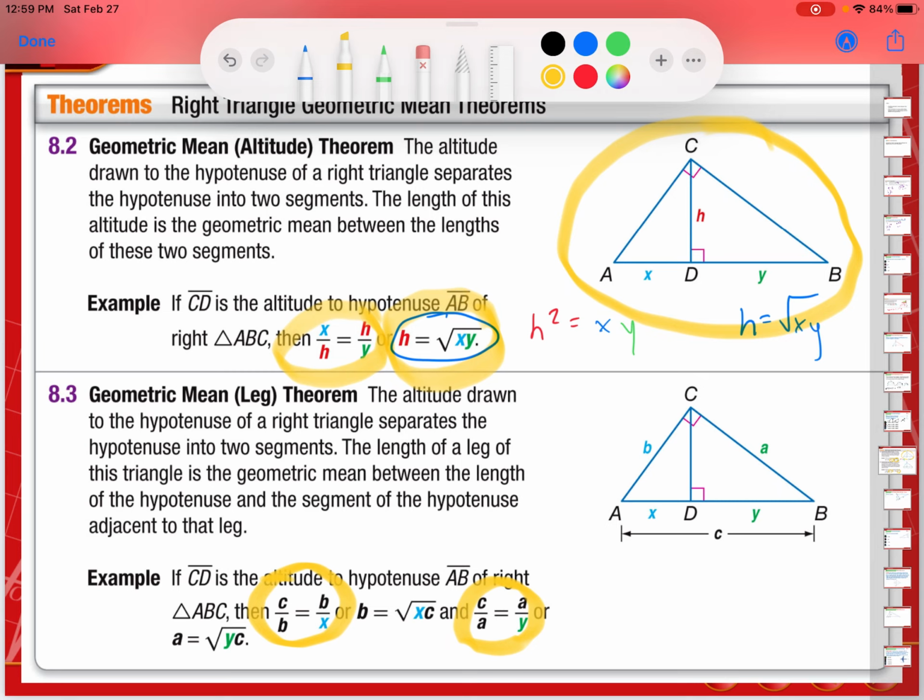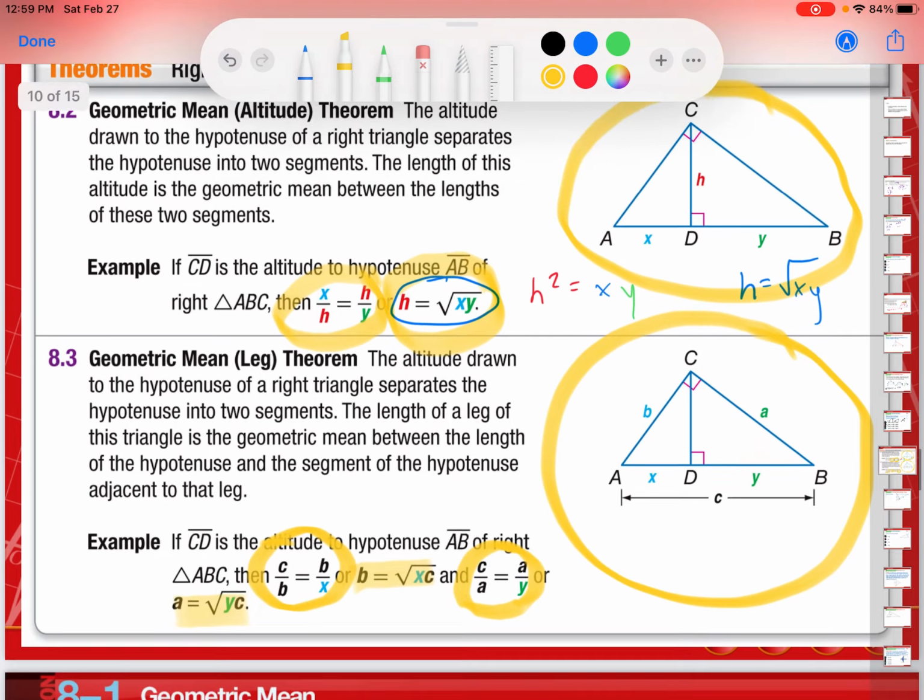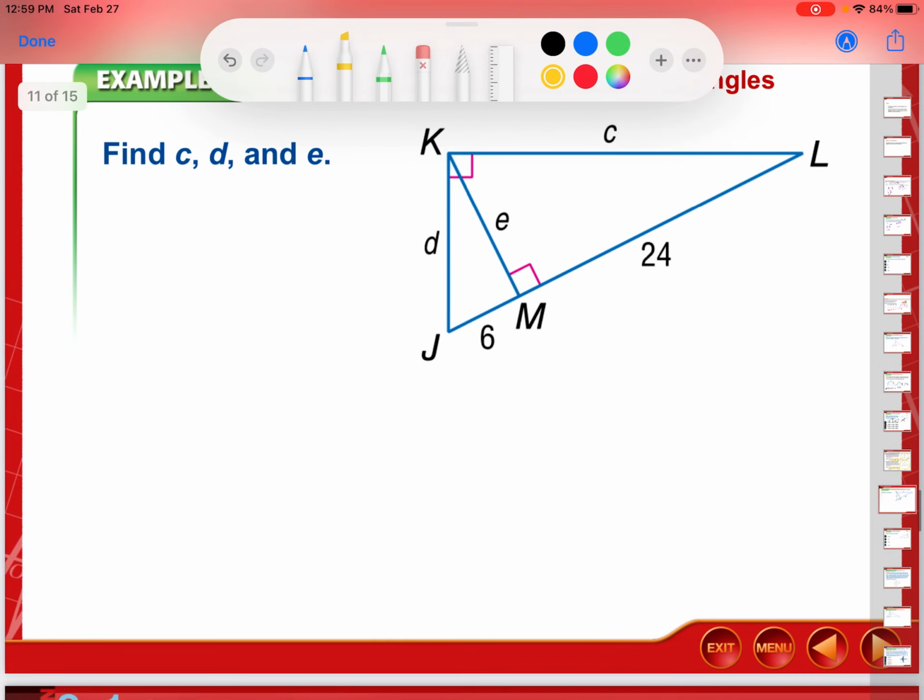So we can solve for A, we can solve for B. Quite frankly, we could even solve for X or C if we really wanted to, using those proportions. So once again, I would write those two proportions. I would write the two shorthanded ways associated with them, and I would draw that picture into my notes to use for later. I can't write it for you, but I can encourage you to.